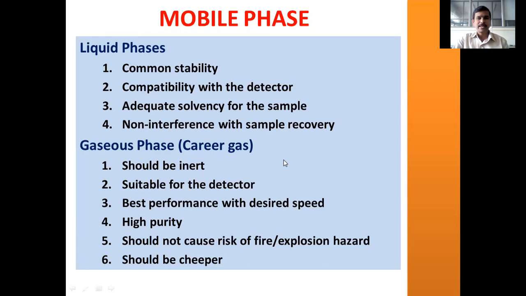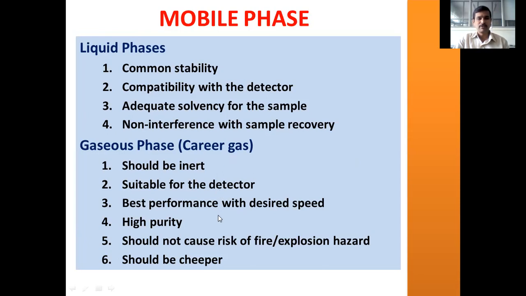And when we choose a carrier gas as a gaseous mobile phase, especially for gas chromatography, that gas should be inert. Even with this volatile gas, volatility matters. It should be non-ionizable, completely inert with respect to physical and chemical properties, and it should be suitable for the detector to give a signal for this carrier gas.